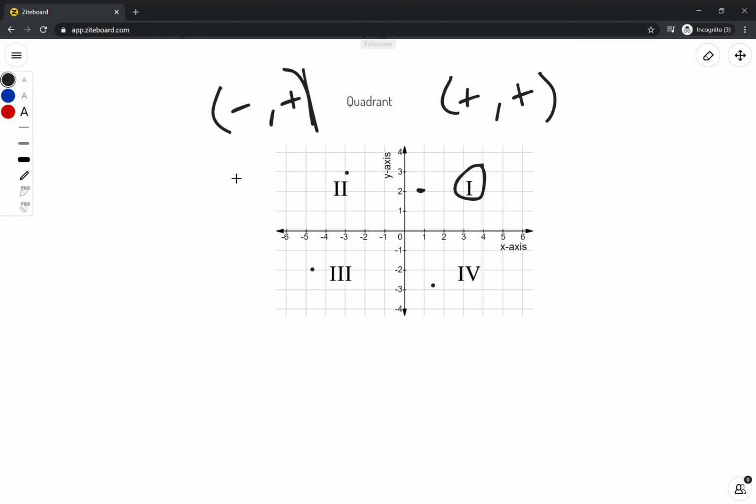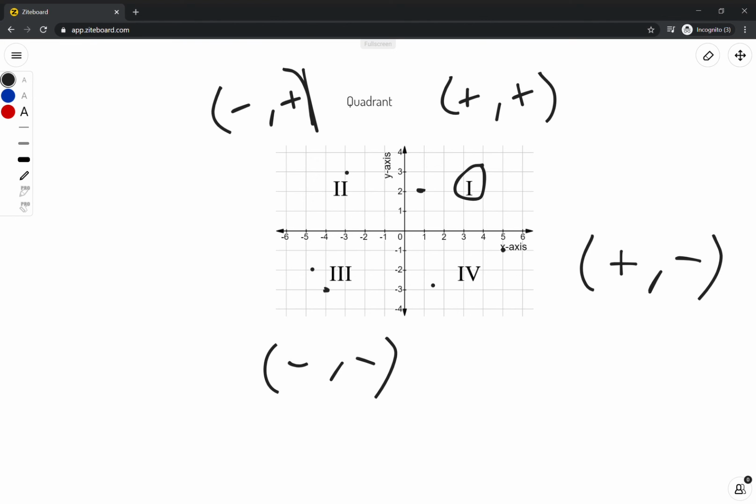Now the third quadrant, say the point here, is (-4, -3), and as you can see, both of them are negative. That looks like a cool drawing there. And lastly, if we go to the fourth quadrant, say (5, -1), you can see that the x is positive, but the y is again negative.